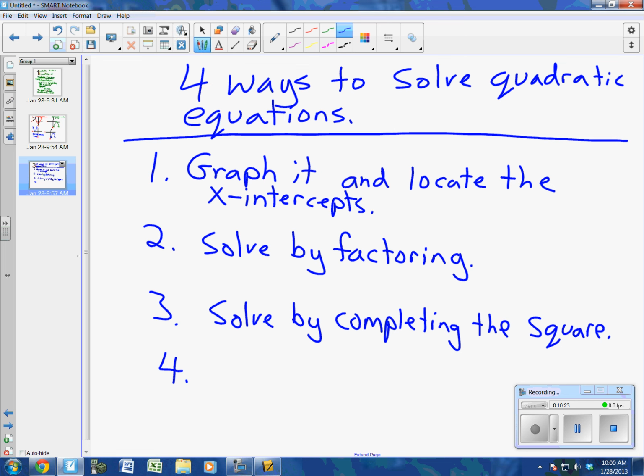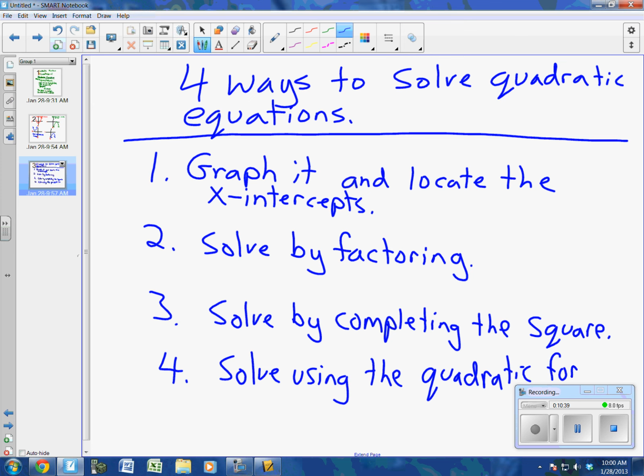Number 4 is to solve using the quadratic formula.